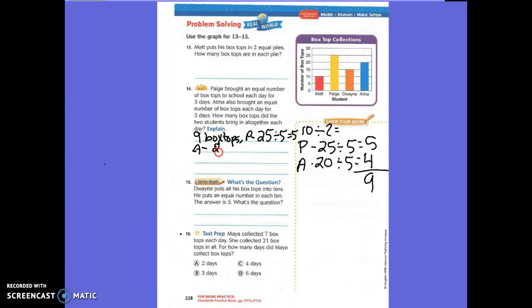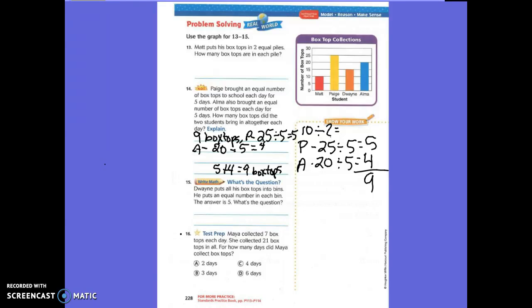And I'm going to do that problem too. 20 divided by 5 equals 4. And then I'm just going to put 5 plus 4 equals 9 box tops. Just explaining how we worked it out. That way it doesn't have to be too long.